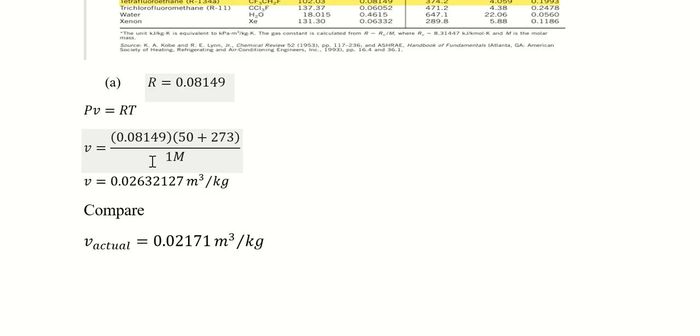So once you divide using your calculator, you should be able to get 0.02632127. Notice that I've written all the digits that came on my calculator. Why?